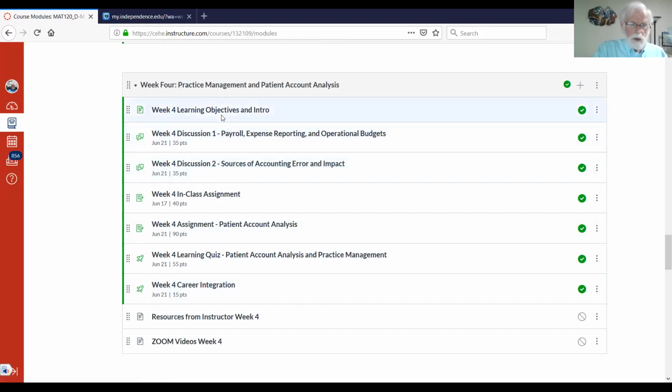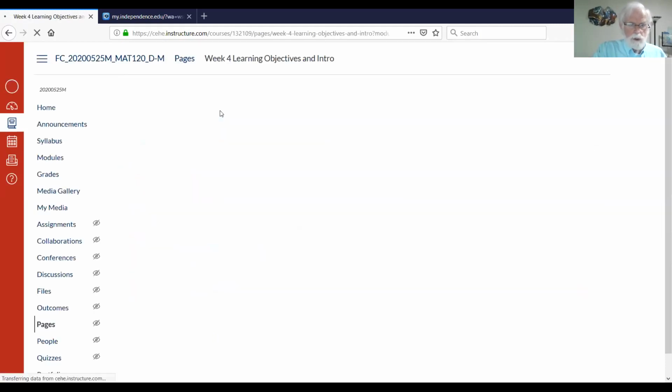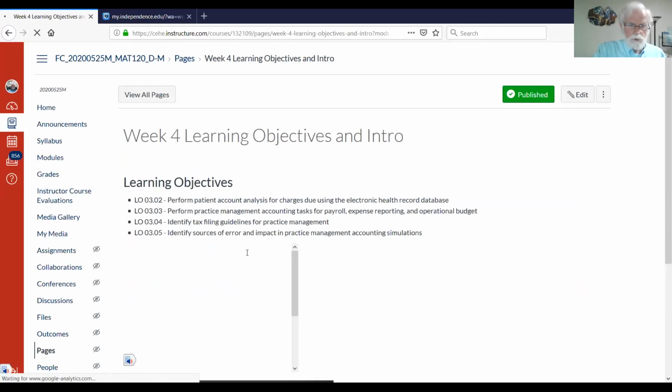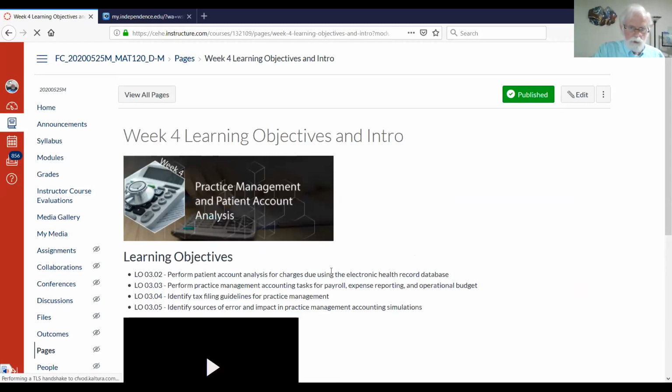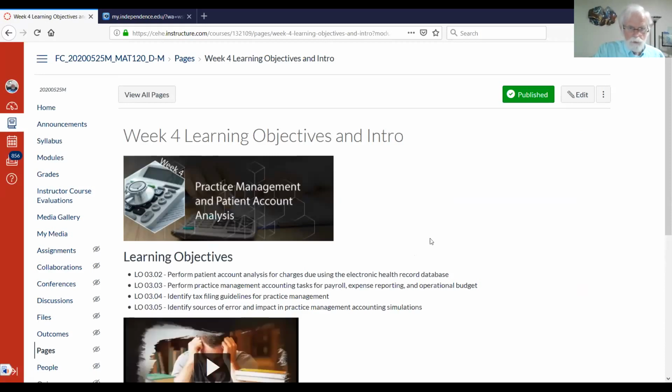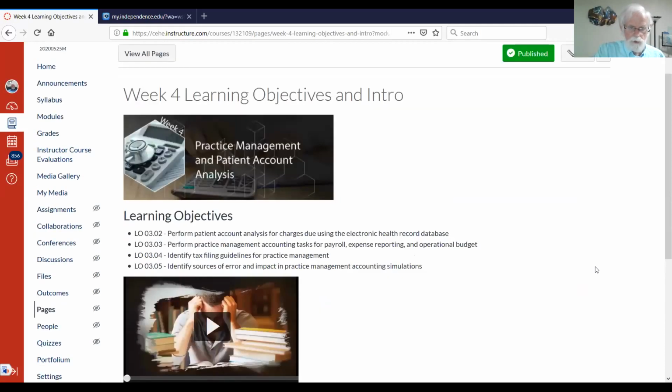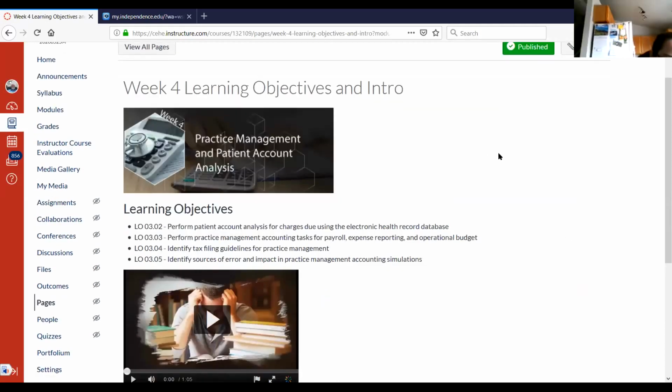But what we're looking at this week, we'll look at the learning objectives. Your assignment this week will be to use EHR Go and perform this patient account analysis. You're going to learn a bit about accounting tasks and expense reporting. We'll talk about that.